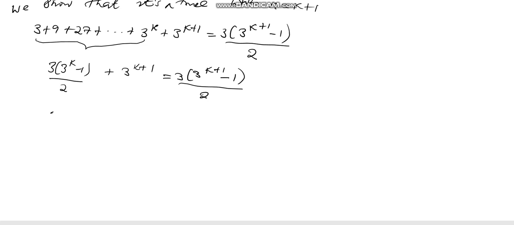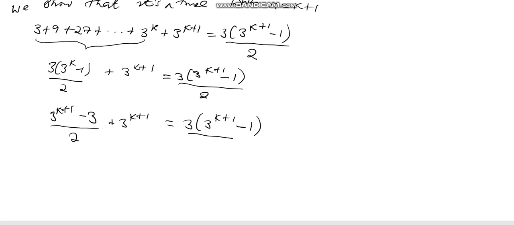So we have 3 to the power k plus 1 minus 3 here divided by 2, and this side plus 3 to the power k plus 1 this side. It's equal to 3 open brackets 3 to the power k plus 1 minus 1 divided by 2 here.